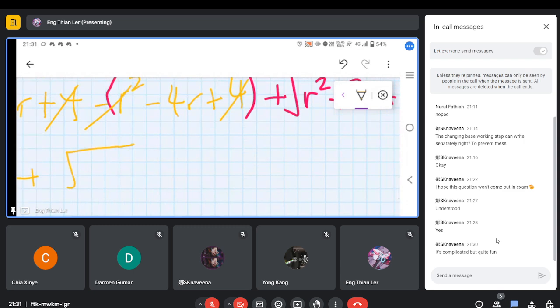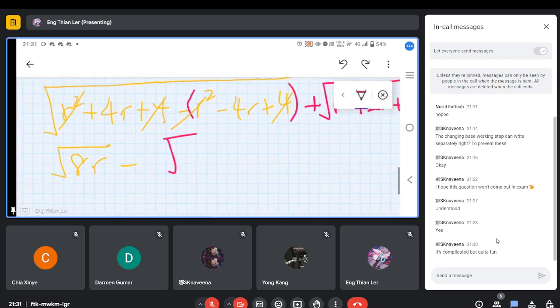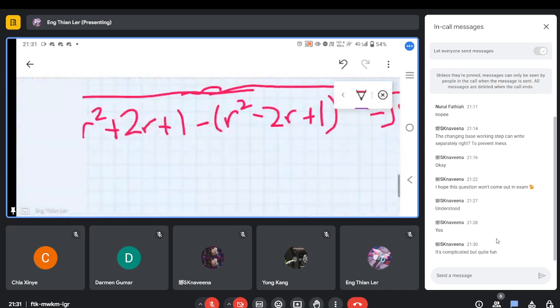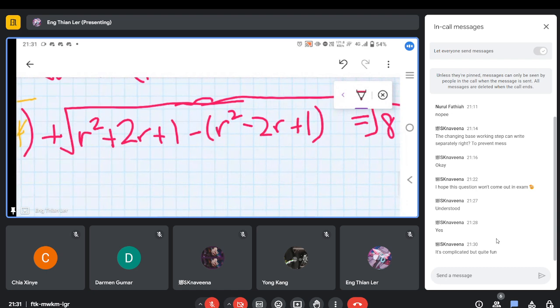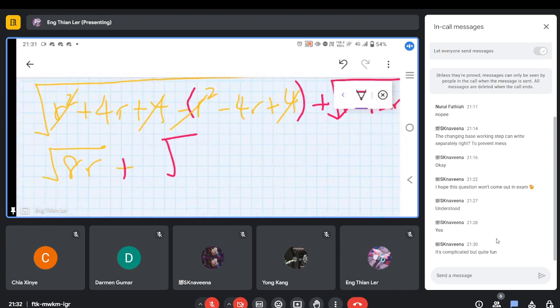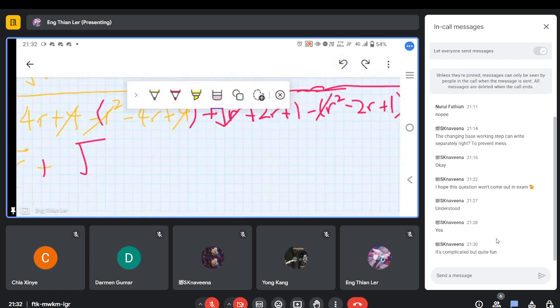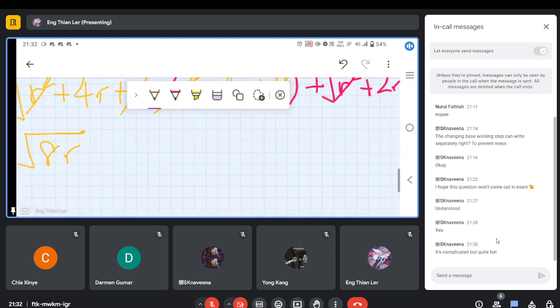And what we left in that square root? Those r square cancel, 1 and 1 cancel, minus become plus. So square root of 8r plus square root of 4r equals square root of 8.